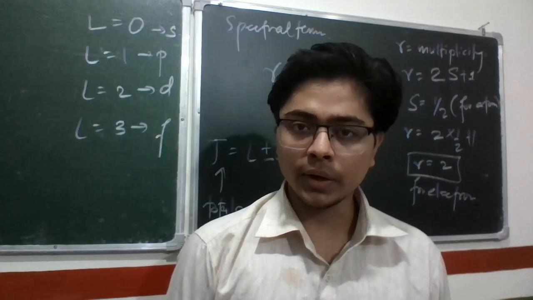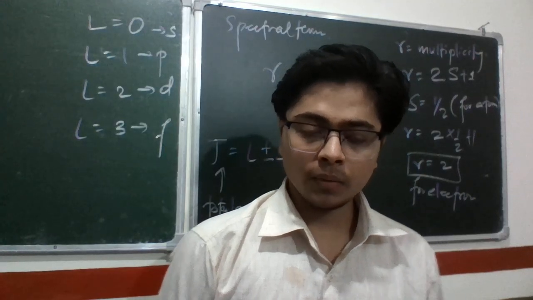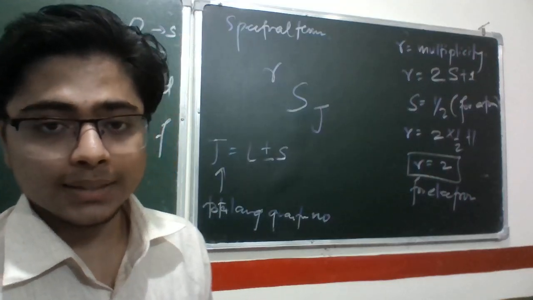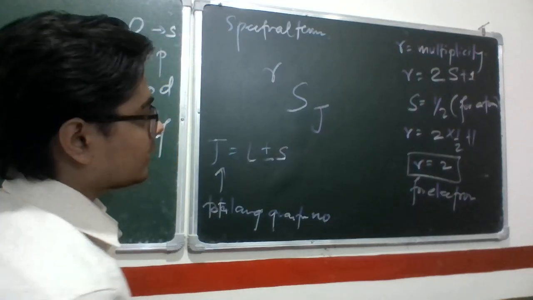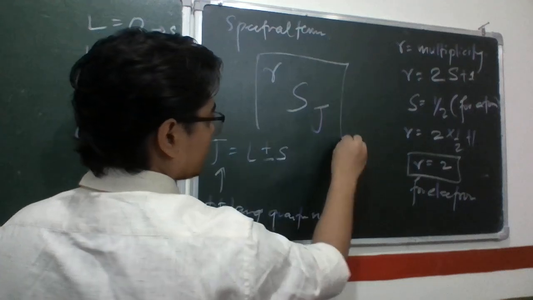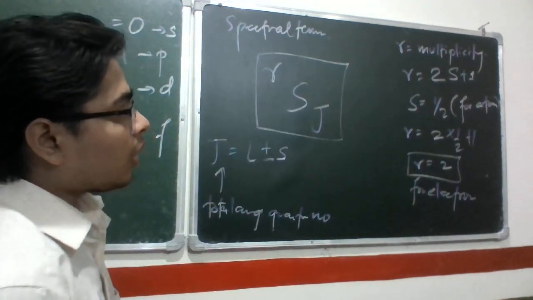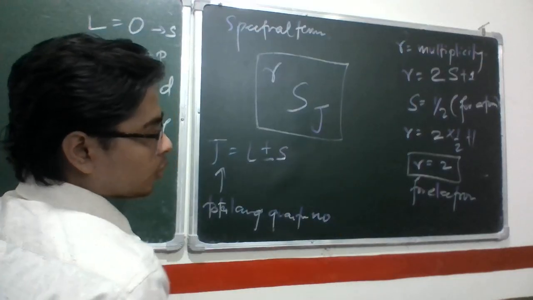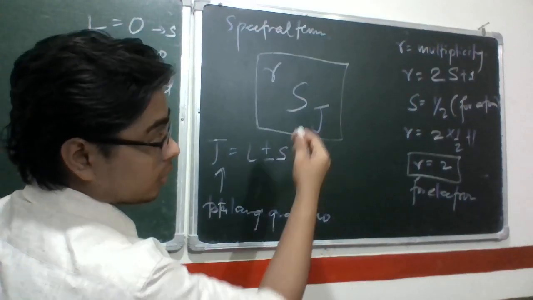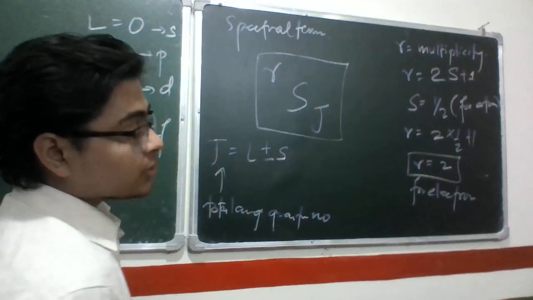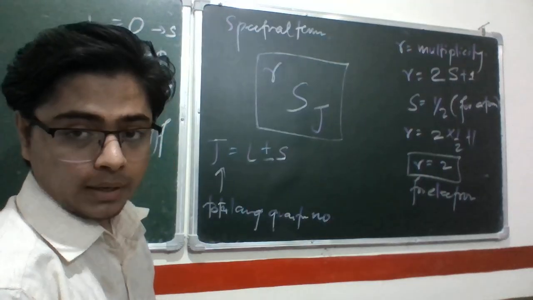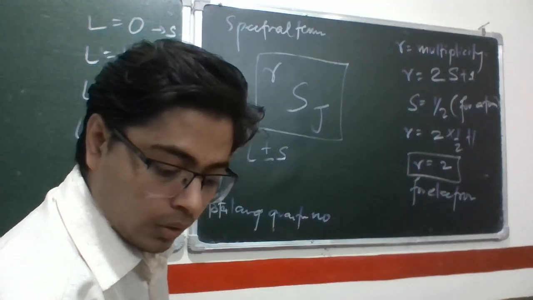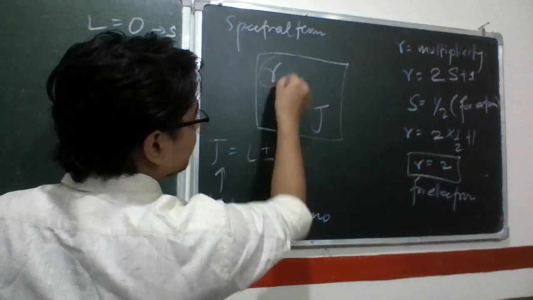We have a defined way to write the spectral term, and that definite way is this: R on the left superscript and J on the right subscript. So what does this mean?